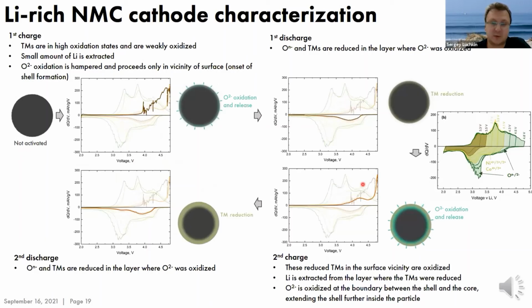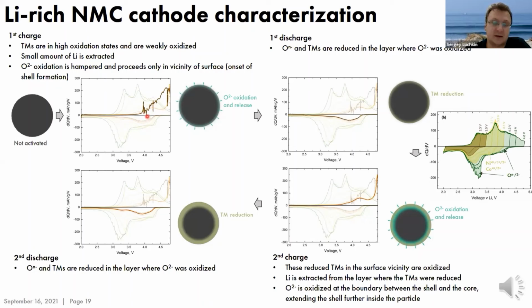This study is not finished yet, but based on the data that we have, I can propose the following mechanism of electrochemical activation. Initially, transition metals are in high oxidation states in this material, the overlithiated atomic NMC. When we start the first charge, they are not oxidized because there is no room for oxidation. They are already oxidized to high oxidation states.